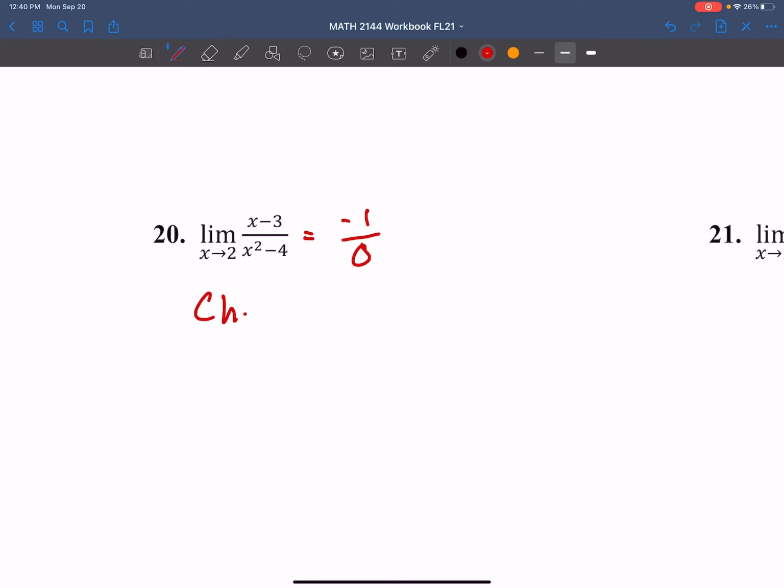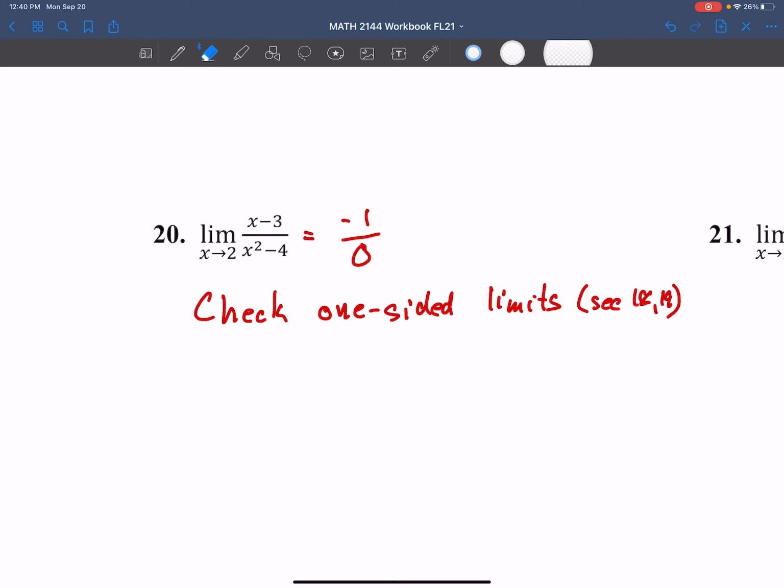So what we would do if we had a two-sided limit is just check the one-sided limits. And we did this, see 18 and 19 on the previous page.